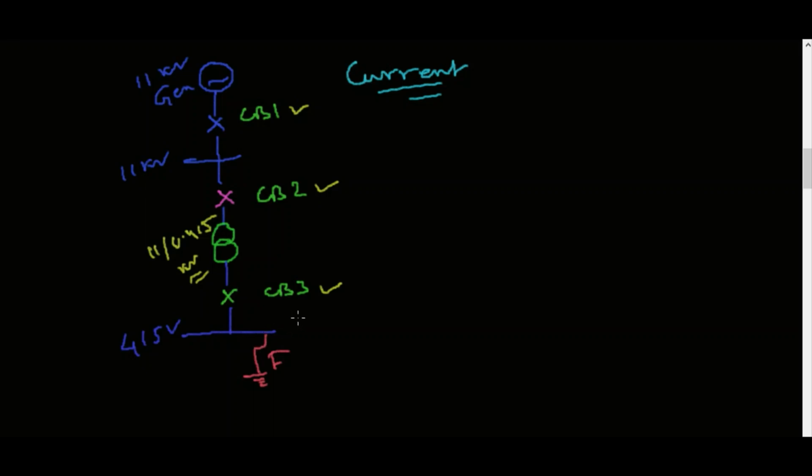Suppose here the fault current is 16 kA, and since the transformer voltage ratio is 11 by 0.415 kV, there is the transformer percentage impedance over here. So this transformer impedance will restrict the fault. It will pass the fault because the transformer has short circuit withstand capability.